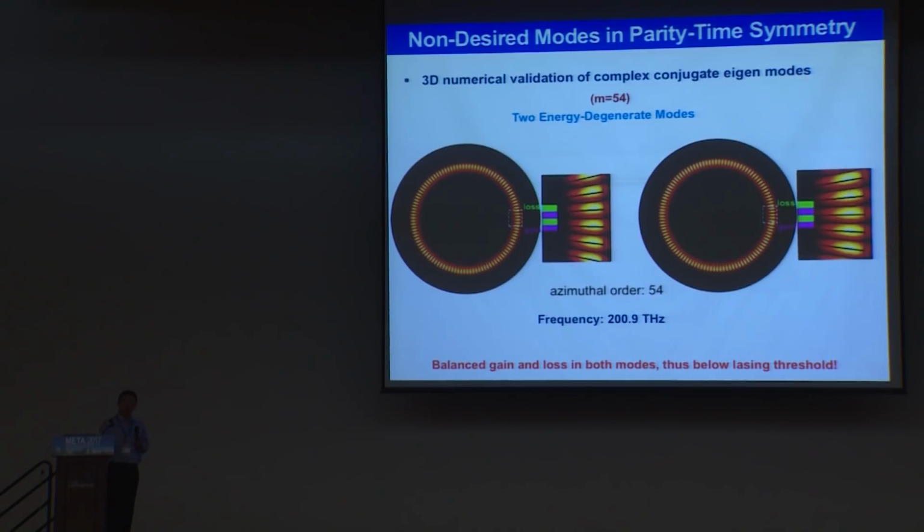So what happens to the other modes, m not equal to 53? They cannot exactly match the periodicity of the modulation. I'll just give one example, the others are pretty much the same. Gain and loss are the positions of the materials, and you will see the loss part corresponds to some of the valley, some of the peak of the mode, and if you average it out, gain equals loss.